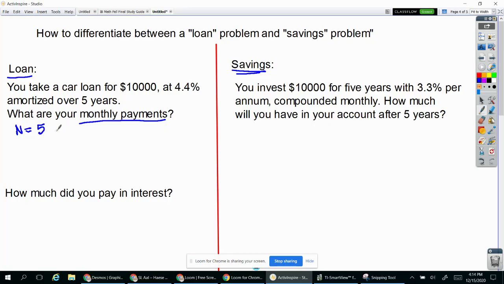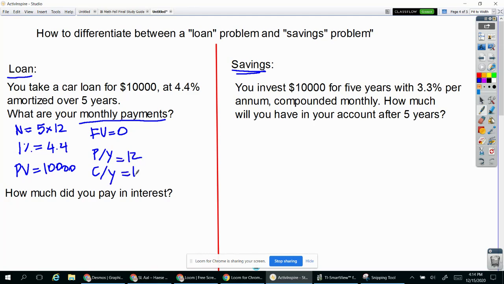Because you're paying monthly, that's 5 times 12, or 60. Interest percentage is 4.4. Present value is the amount you took from the bank, $10,000. Future value will be 0 because you plan to pay it off. Payments per year and compounds per year are 12 and 12.